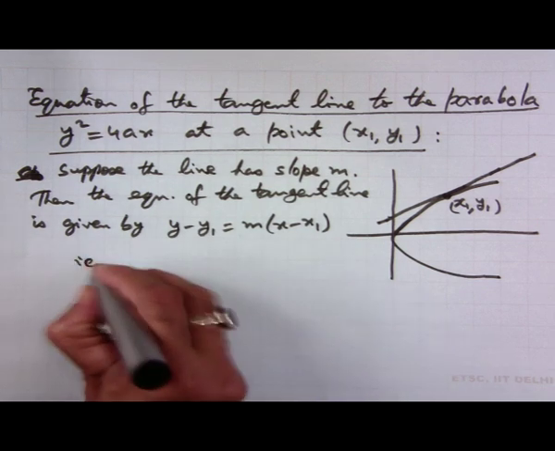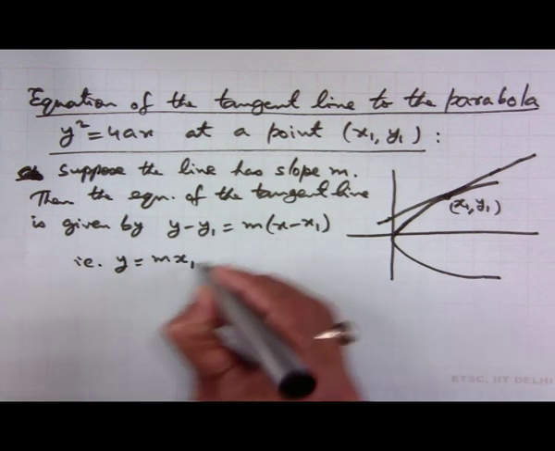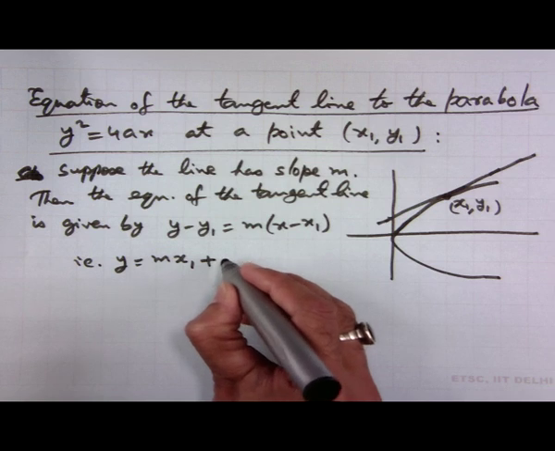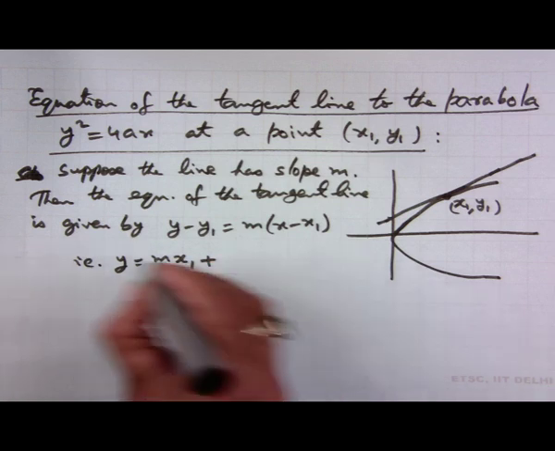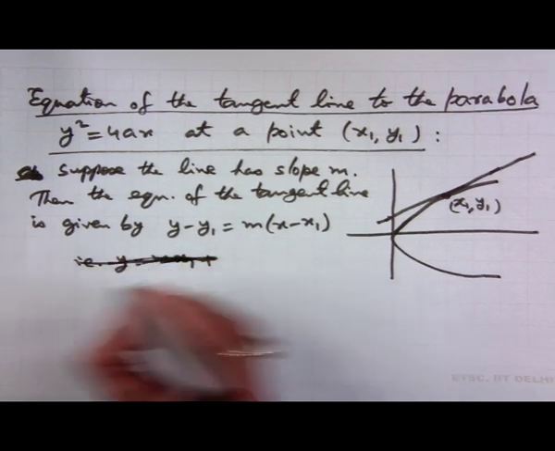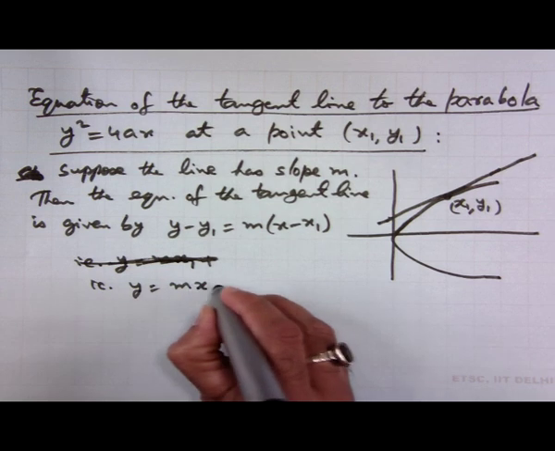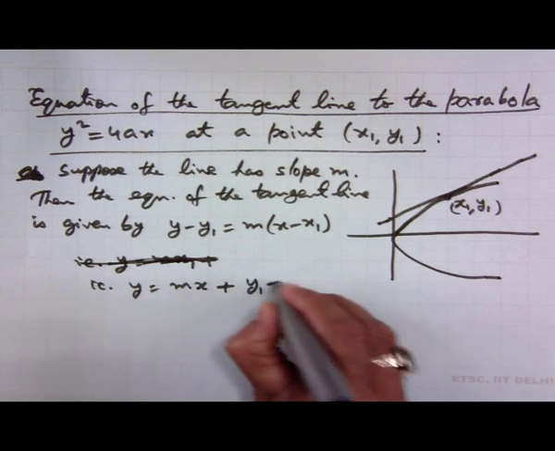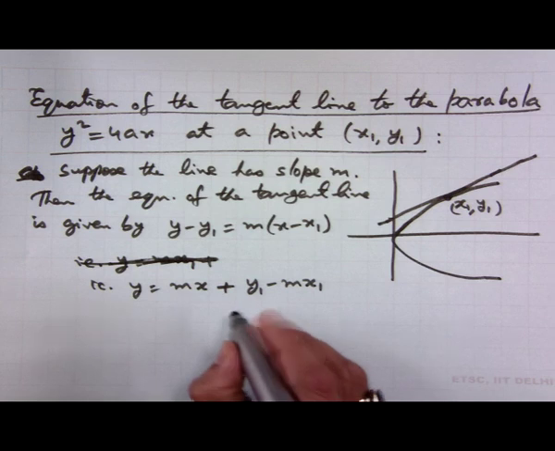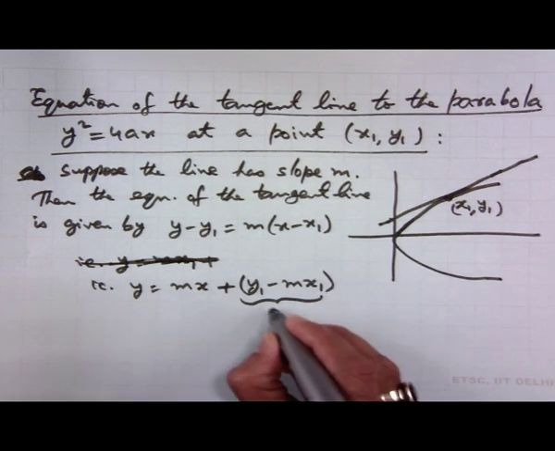That is y equal to m x plus y 1 minus m x 1. Let us put this equal to c.